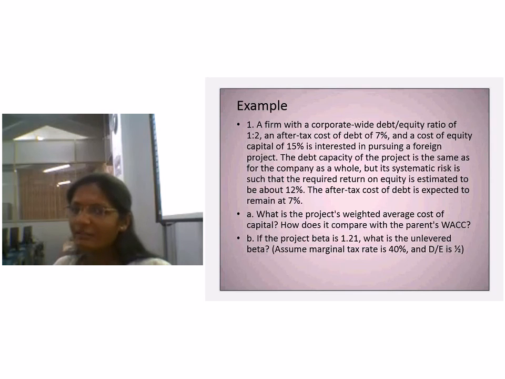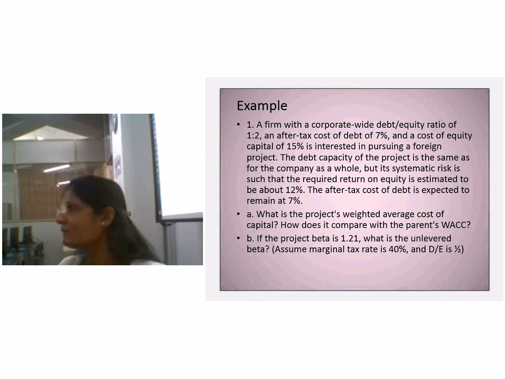Right, next one. If the project beta is 1.21, what is the unlevered beta? Assume the marginal tax rate is 40% and D/E is 1 over 2. Unlevered beta means no debt.